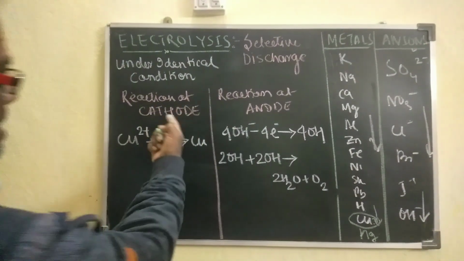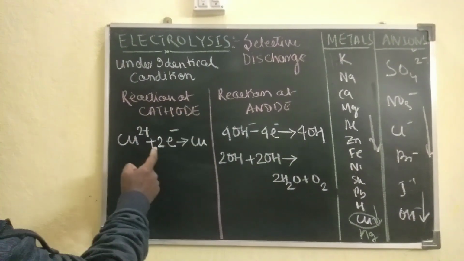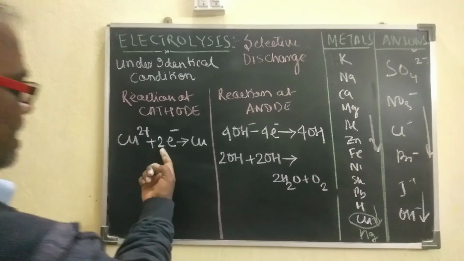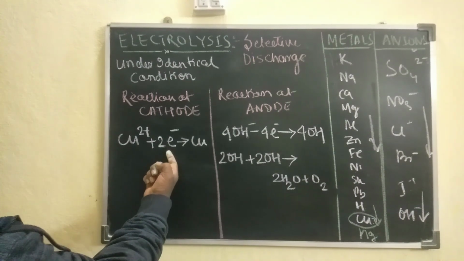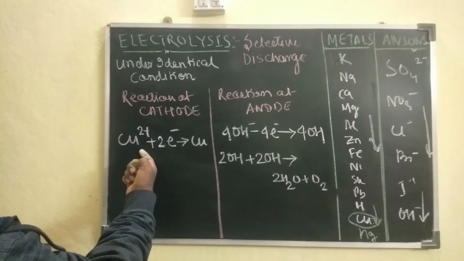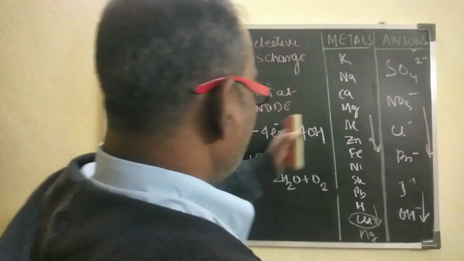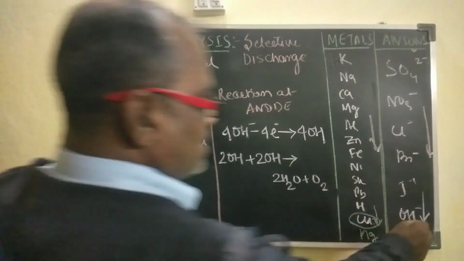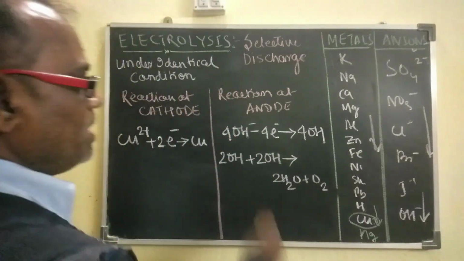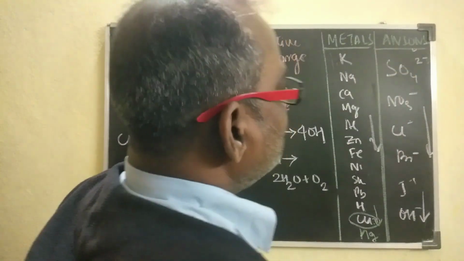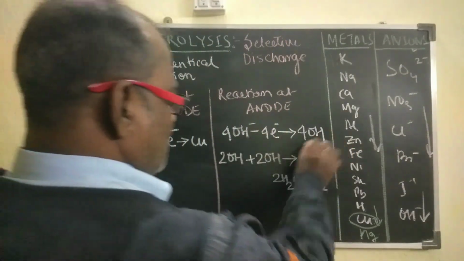The reaction at the cathode will be Cu2 plus gaining 2 electrons becomes copper. And for the reaction at the anode, as I said, OH is lower in the series than SO4, so OH is discharged over the anode and the reaction becomes this.